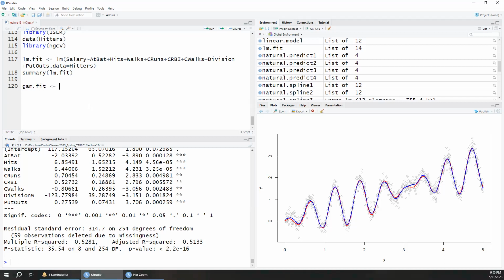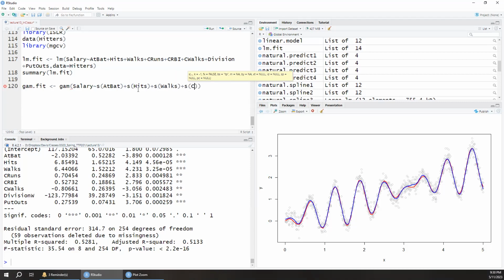And let's look at GAM fit, which is now going to use this GAM function to fit our model. And the way this works is that we individually smooth out variables, and you do that with this S function. And so I can do something like this. Say I want smooth splines to be describing these variables.